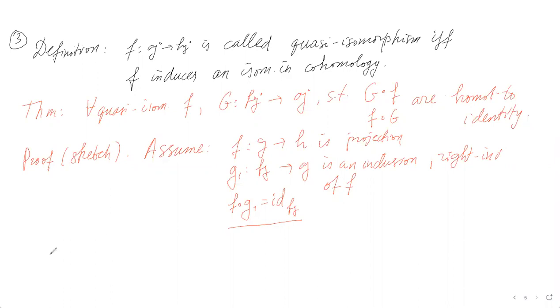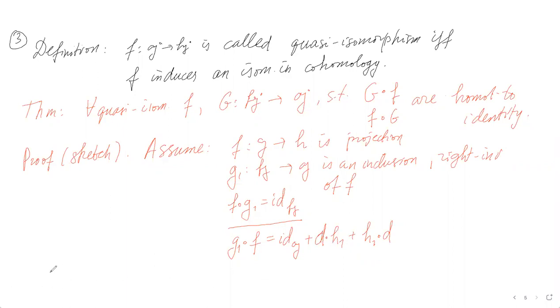So we have this inverse. G1 composed with F is not identity, but it is homotopic to identity. So it should be the identity of G plus some homotopy, H1 composed with D plus D composed with H1. So we have this series of assumptions.